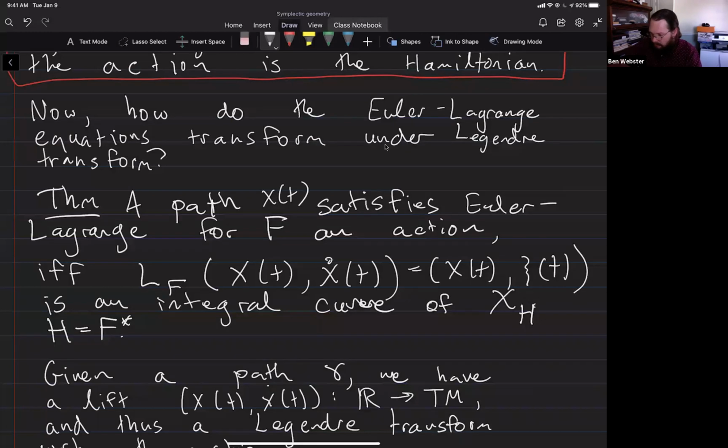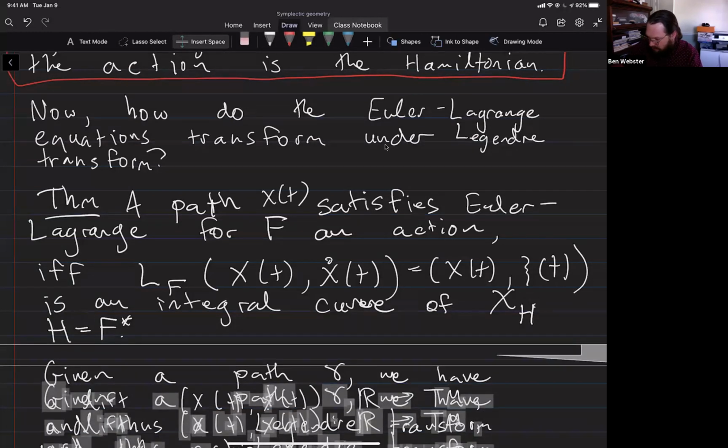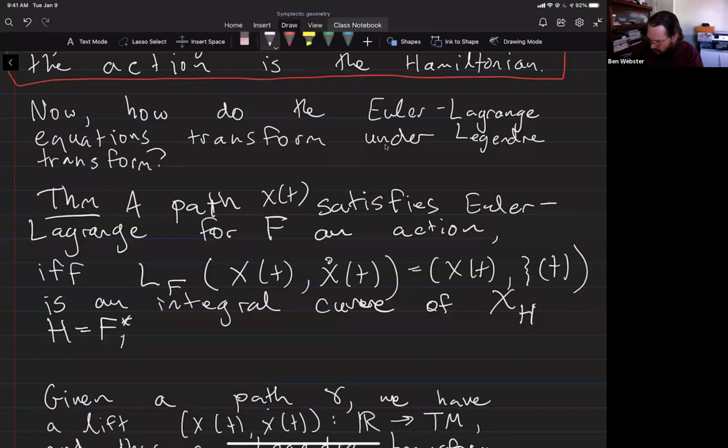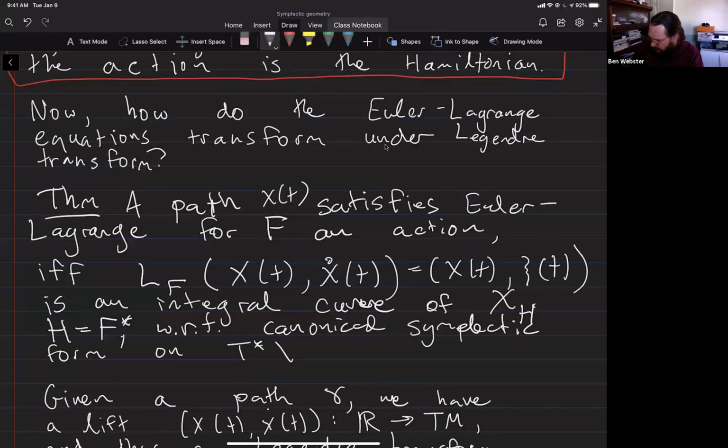And let me just emphasize, this is with respect to the canonical symplectic form on the cotangent bundle of X.